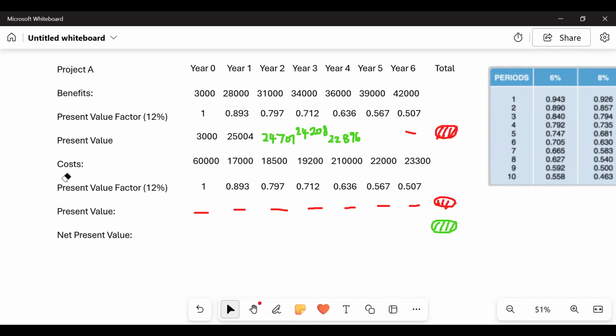Then when you multiply 39,000 with 0.567, we'll get 22,113. And finally, when you multiply 42,000 with 0.507, you'll get 21,294.